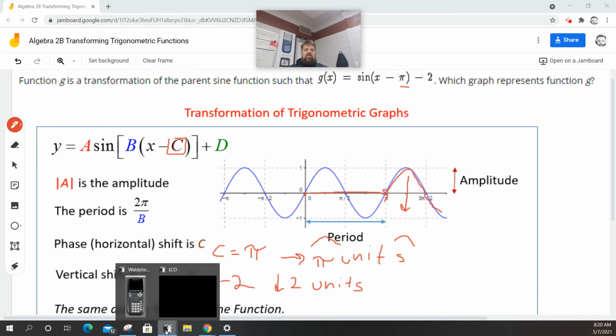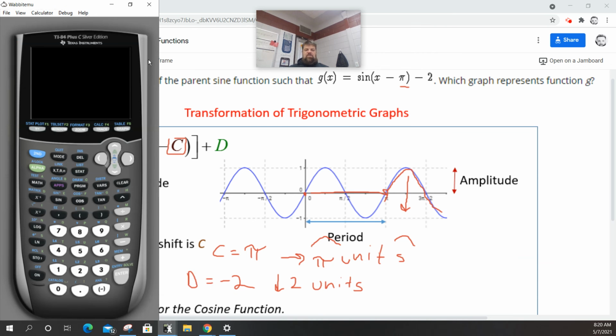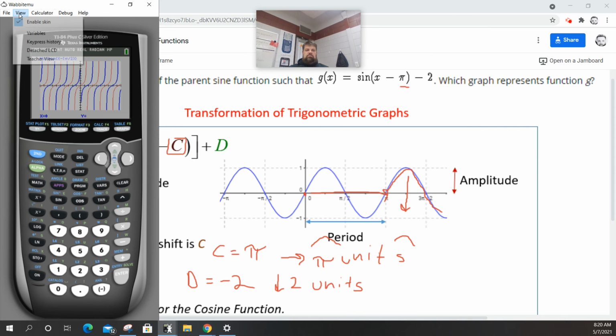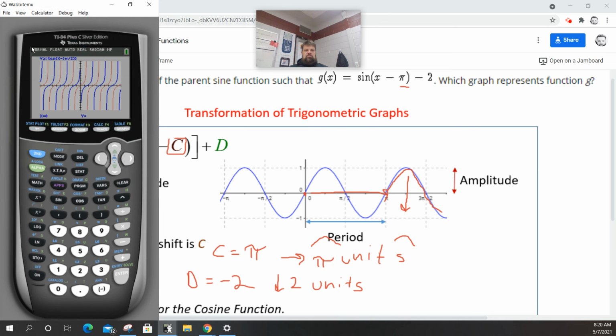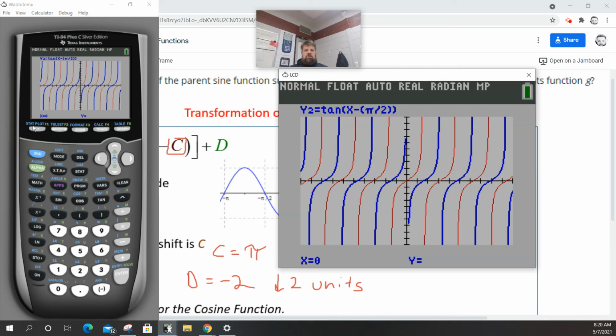Well, let's just graph it on the graphing calculator. I don't think it's the same thing. Maybe I misspoke. Because pi has a period of 2 pi. Well, we'll find out in a second, won't we? Uh-oh. Calculator's not cooperating.